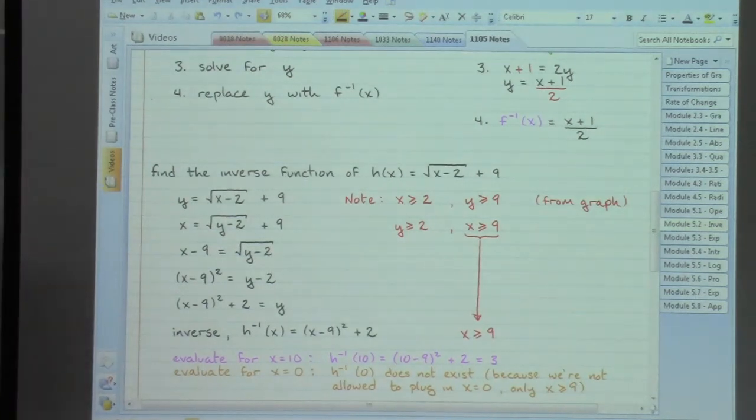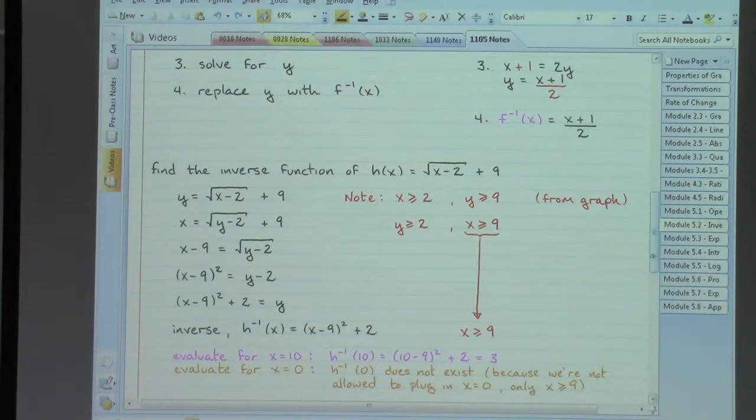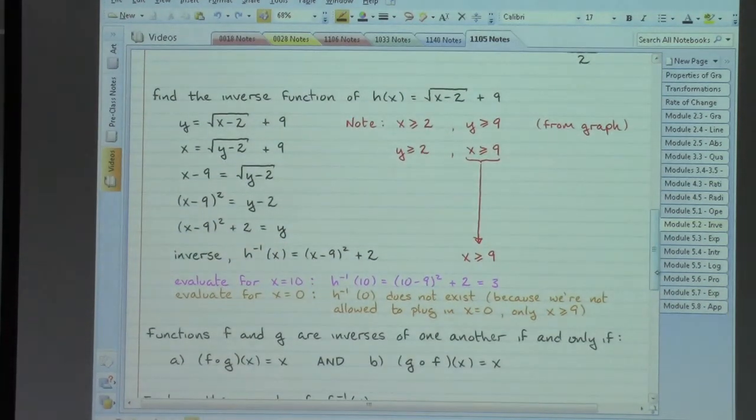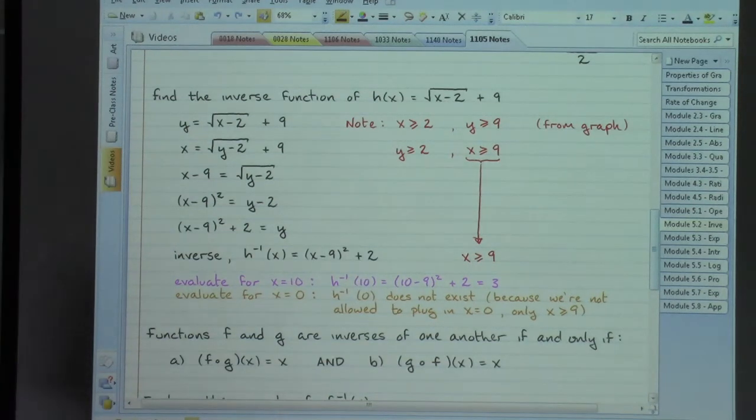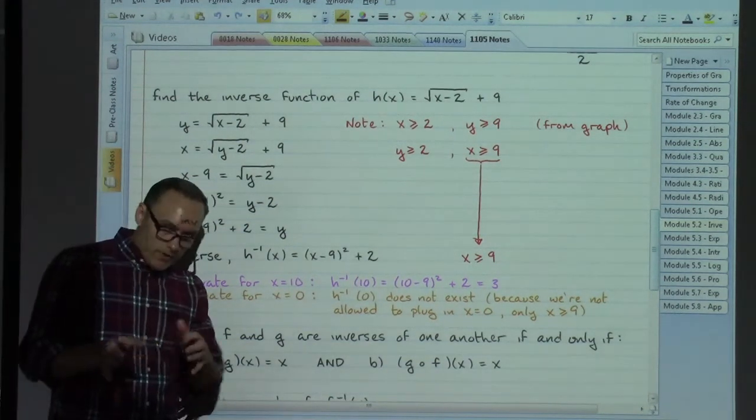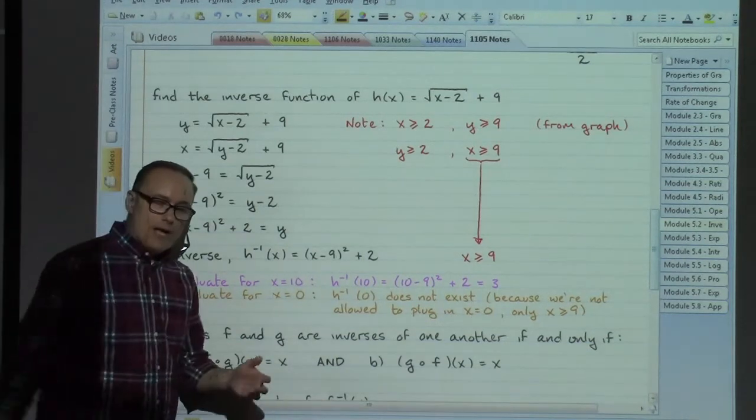So let's come back to that idea of plugging stuff in and checking stuff out, because we've got that important relationship about how those inverses are interacting with one another. And this is very important, even though it is a very brief comment to make.